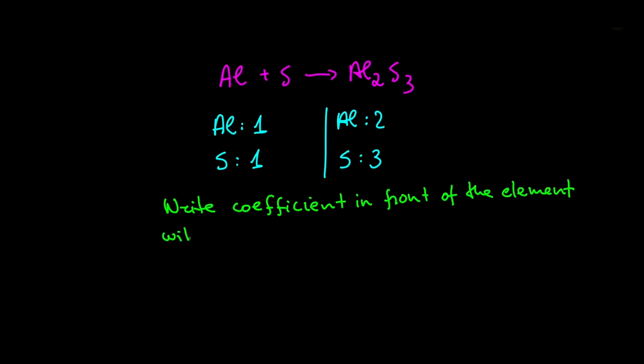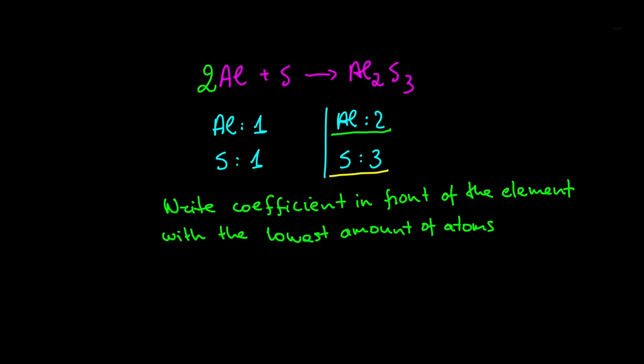In this case, it's aluminum and sulfur before the reaction. Because I have 2 aluminum after the reaction, I need to write coefficient 2 before the reaction. And now I have an equal number of aluminum atoms. The same goes for sulfur, but instead of 2, I write 3. Now we have the same amount of sulfur and we balanced the reaction correctly.